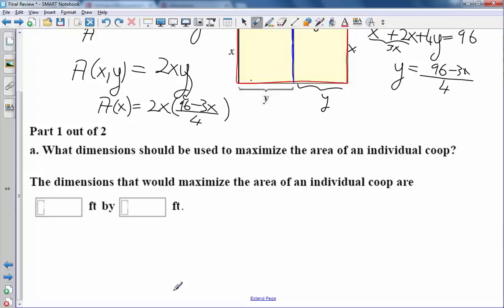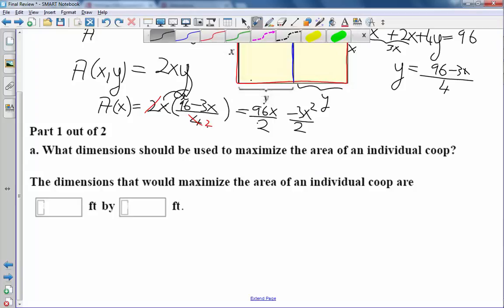Well, technically, when you distribute this, 2 and 4 cancel, and it becomes x times 96, which is 96x over 2. You still have 2, x times 3x is minus 3x squared over 2. Oh, we can divide 96 and 2, right? That's 48.